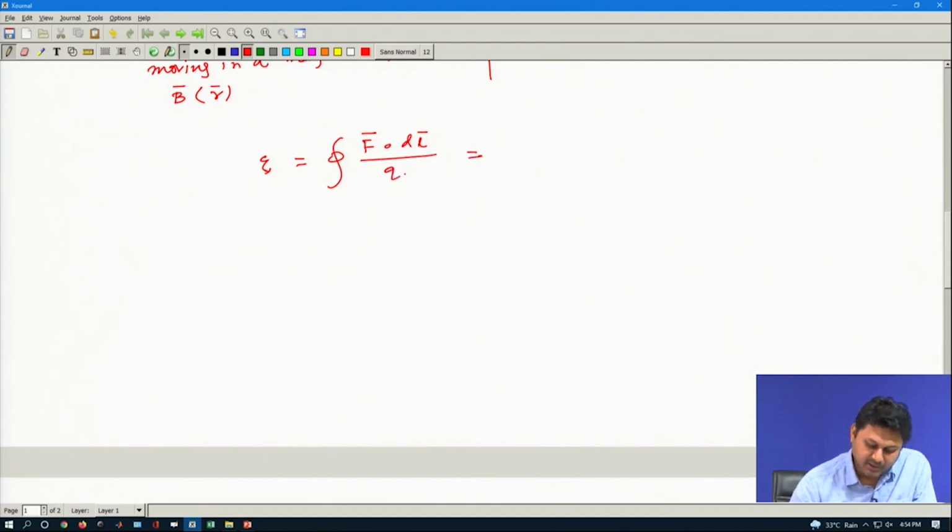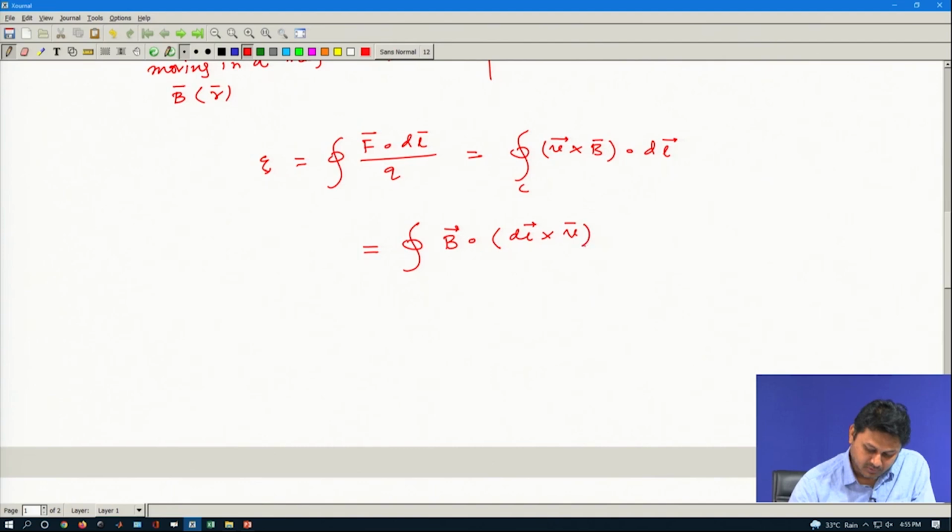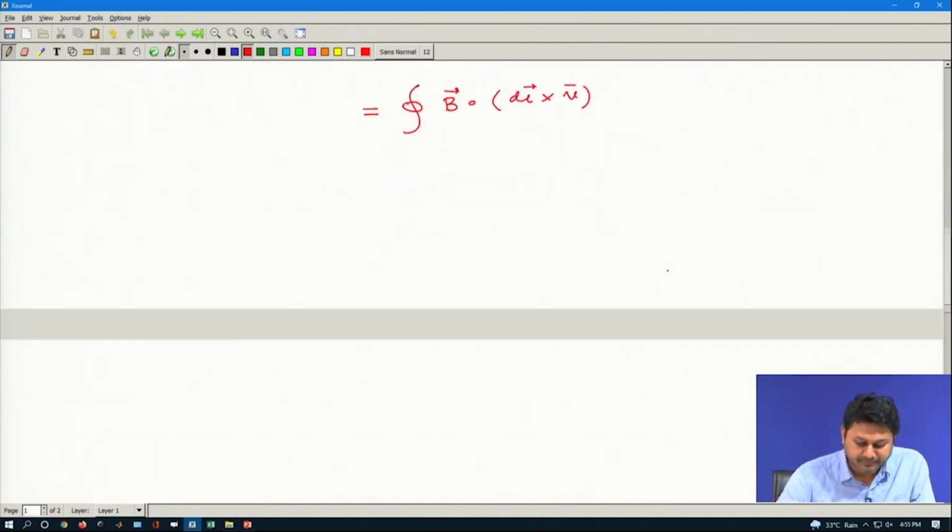So, F divided by q I should write as v cross B dot dl, and then the closed line integral. I can write that in another way, as the closed line integral of B dot dl cross v. This is another expression to find the EMF of this system.